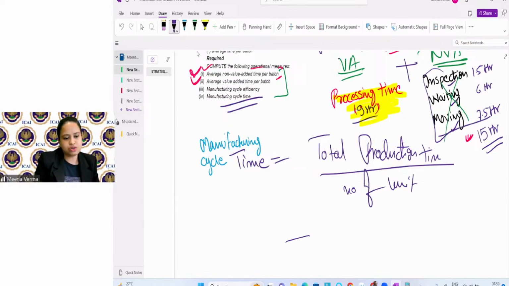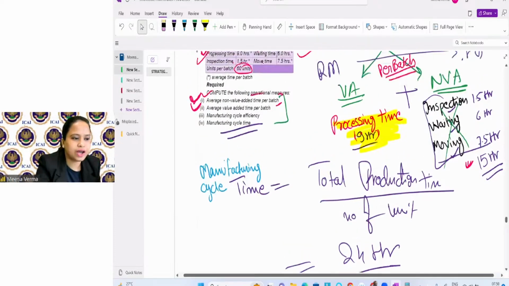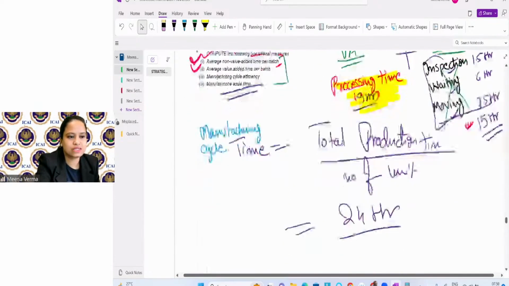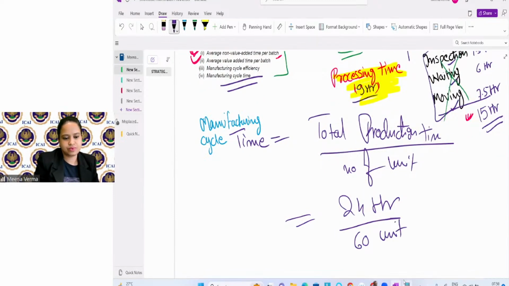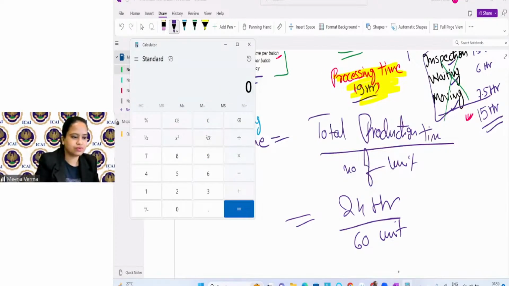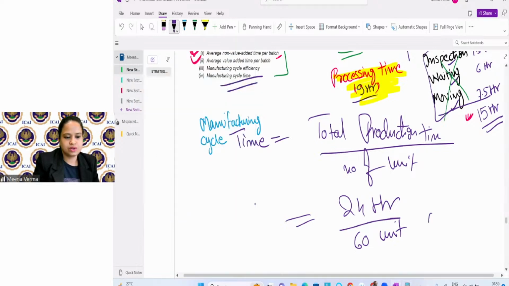Okay. So total production time is 24 hours. How many units are we producing here? You can see we are producing 60 units. So divided by 60 units, you will get 0.4 hour per unit.